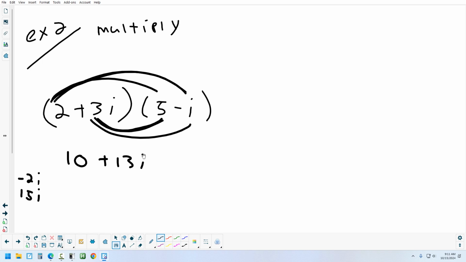Kaylee, what about 3i times -i? Let's start with this. Positive times negative. Yeah, positive times negative is going to be a negative, so we're going to start with that. And then what about 3i times i?